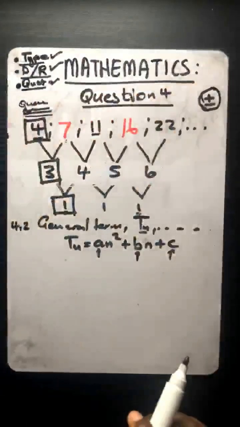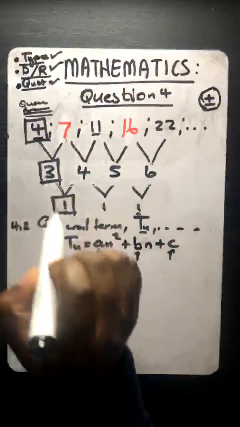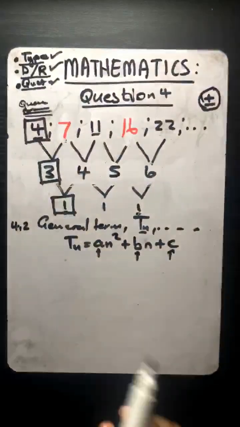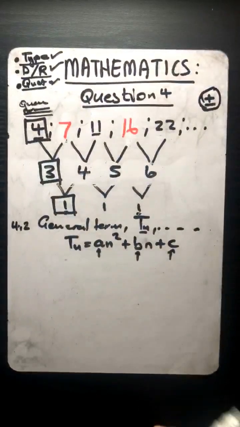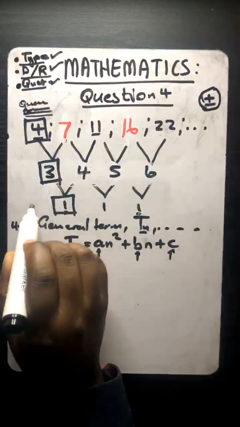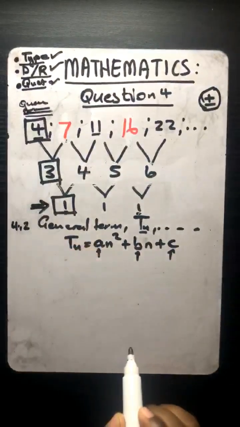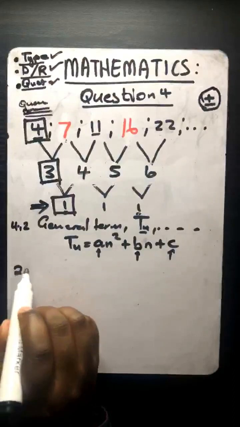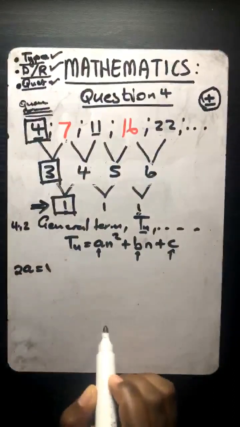Forget about everything else. That's all that you need in order to derive that. Why? Because this value can be equated to 2a. That is why I'm going to say 2a equals 1.